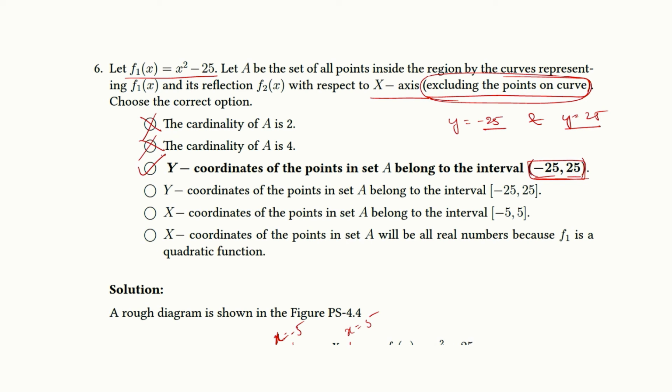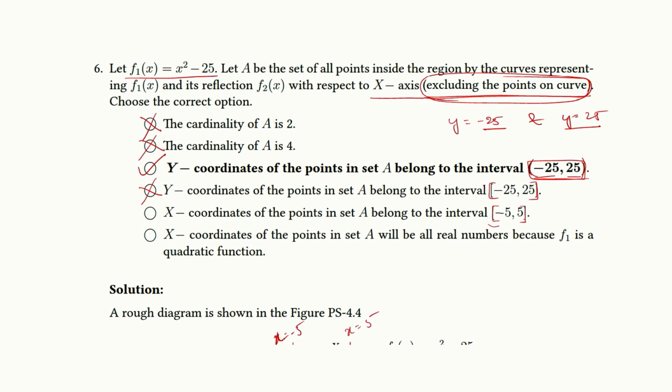If option 3 is correct, option 4 is false, because it has given a closed interval, including minus 25 and 25. We should exclude the points on the curve. So that is why option 4 is false. Option 5: the x coordinates of the points in set A belong to the closed interval minus 5 comma 5.